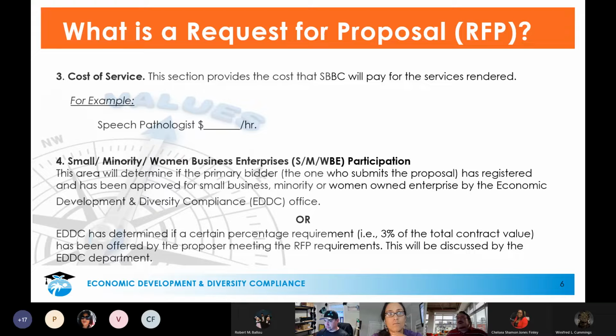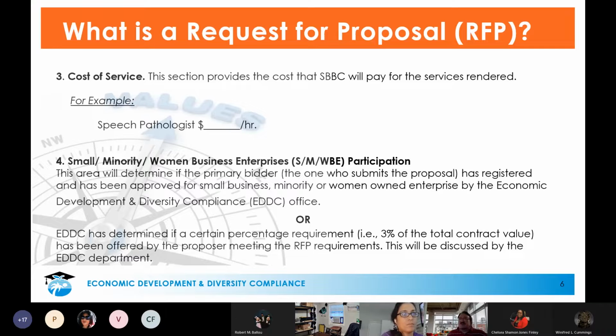Or if you're not registered or considered as the primary bidder under that type of certification, you can have subcontracting, which EDDC has determined if a certain percentage requirement, for example, 3% of the total contract value, has been offered by the proposer meeting the RFP requirements. This will be discussed by the EDDC department.